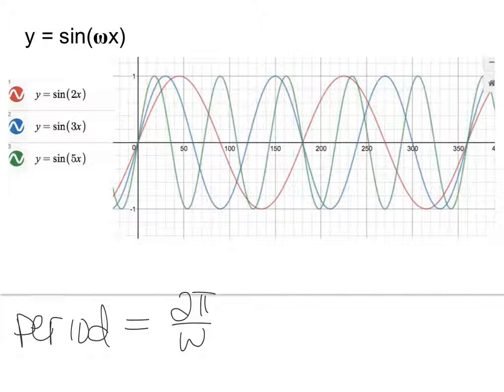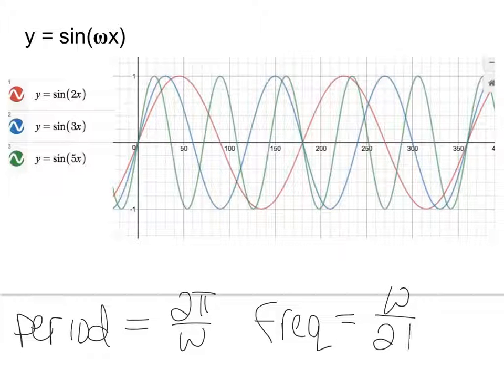And then the frequency would be omega over 2 pi. Frequency and period are related. They're reciprocals of each other. So we can actually say that omega equals 2 pi over period.